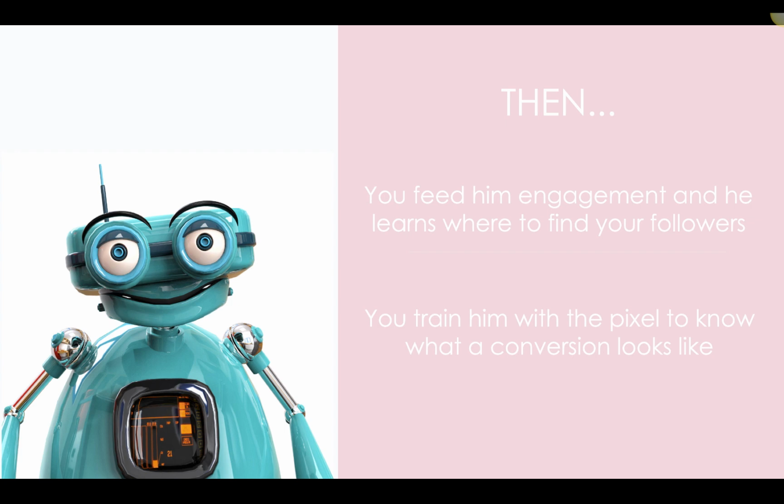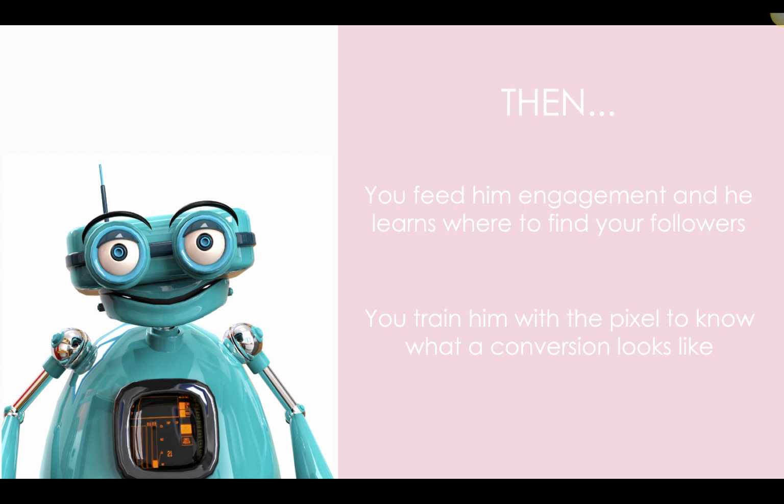And then what happens is you decide you're going to feed him engagement. You're going to start feeding the robot the data so that the robot can learn who the people are that engage. Remember, Facebook wants friends and family. They know who friends and family are through engagement.